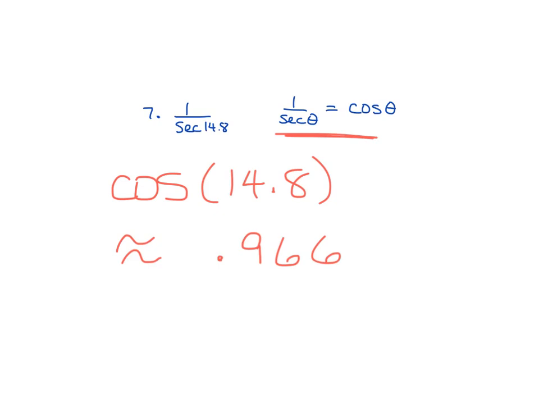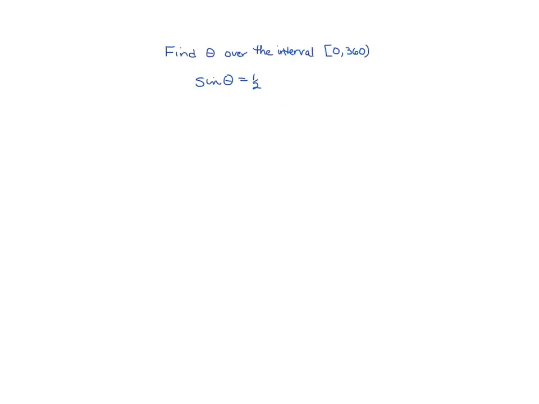Okay, so now we're going to do the same thing that we did before without the calculator, but use the calculator. So again, they're asking me to find theta values over the interval of 0 to 360. So for here, I'm given that sine of theta is equal to 1/2. Now, before I had to draw the right triangle for this and figure out which one I had to use. But for now, I'm using my calculator.